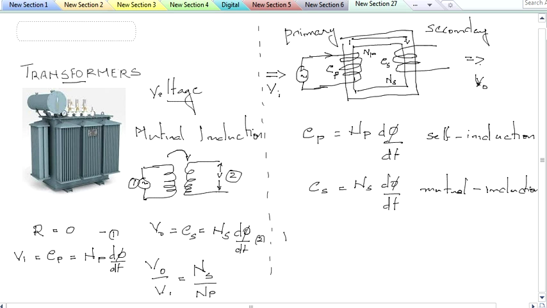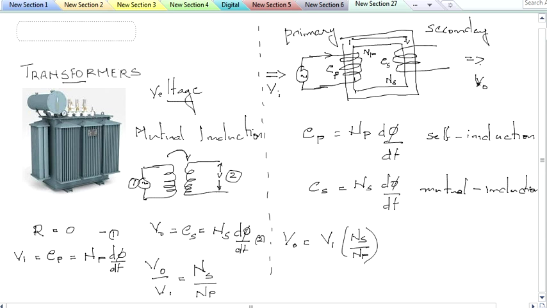Rearranging this equation, I'm going to write V output as equal to Vi into Ns by Np. Therefore the output voltage is equal to the input voltage times the ratio Ns by Np.